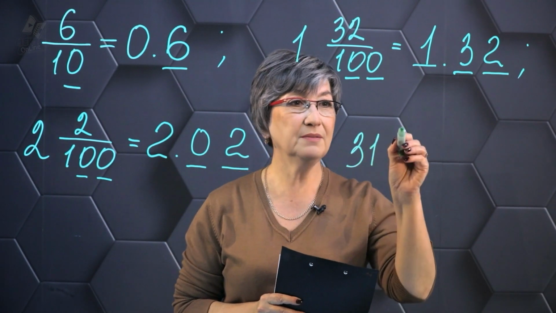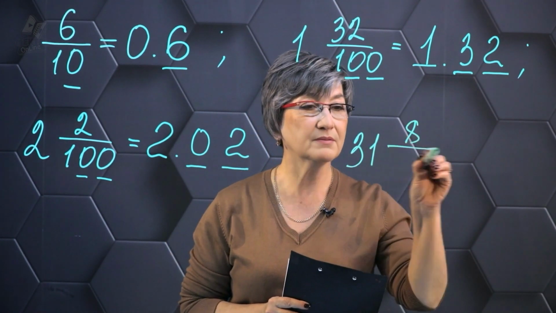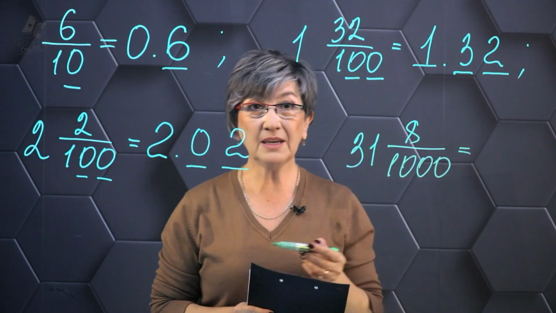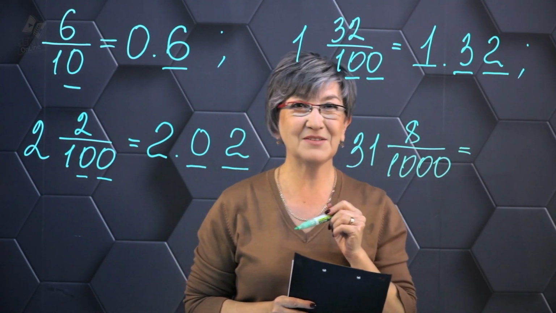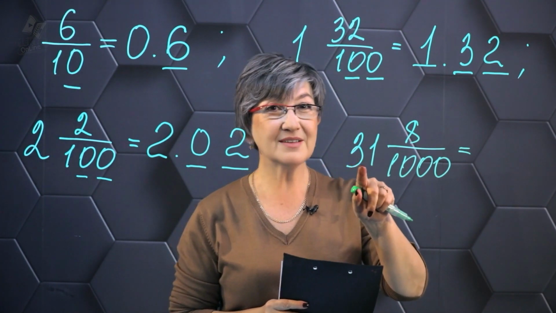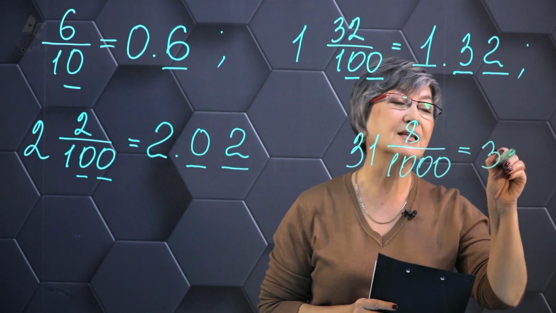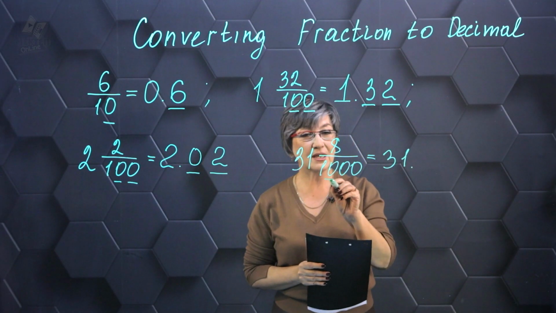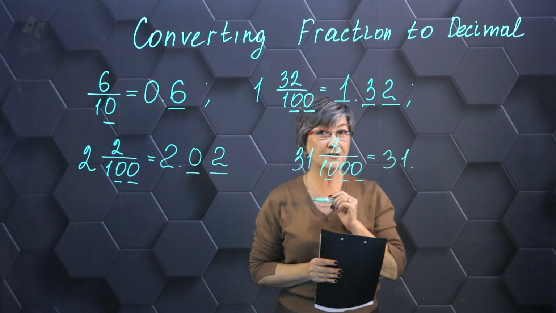Another example: 31 whole 8 thousandths. And again, let's try to write it down as a decimal number. So, 31 wholes. Let's put a dot. And now we count the number of zeros in the denominator.